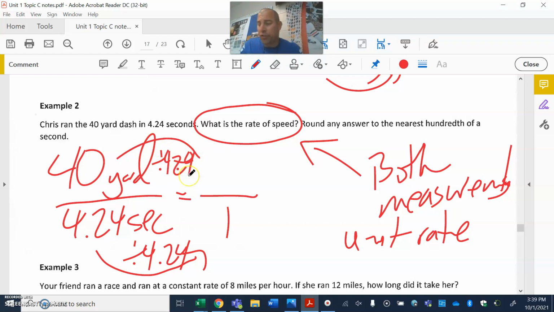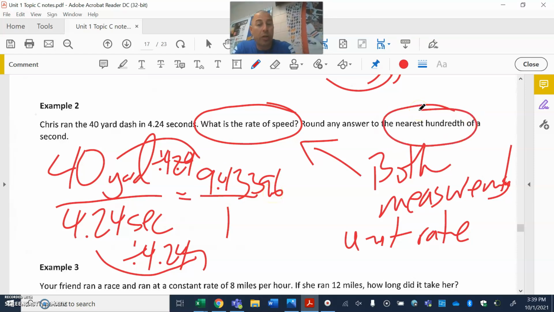So I'm going to reach for my calculator. 40 divided by 4.24. Enter. Oh, the decimals there. 9.43396. Round to the nearest hundredths. I'm going to look to the right.